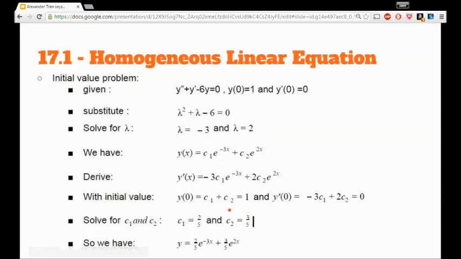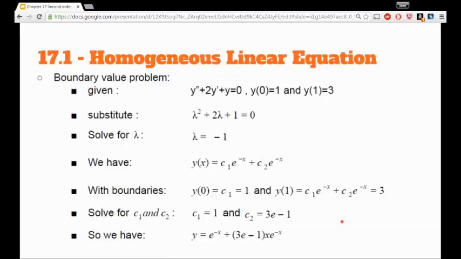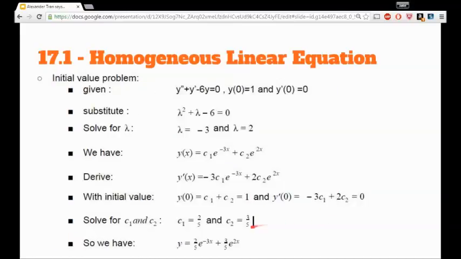And we can solve it with a system of equations. And we have y equal to 2/5 e to the power of -3x plus 3/5 e to the power of 2x.